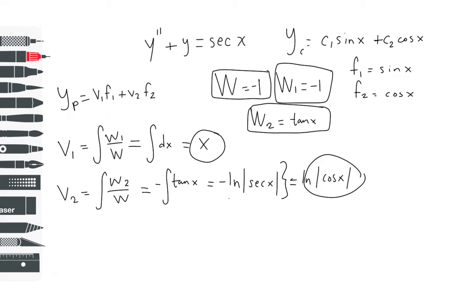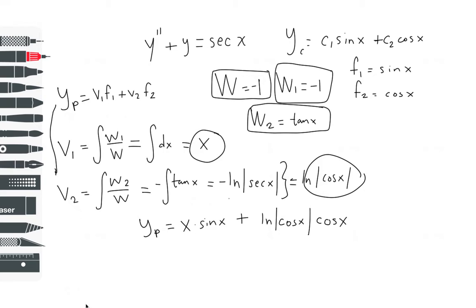Therefore, the particular solution yp is equal to v1, which is x, times f1, which is sine of x, plus v2, which is ln cosine of x, or negative ln secant x, same thing, times f2, which is cosine of x. So that's the particular solution.